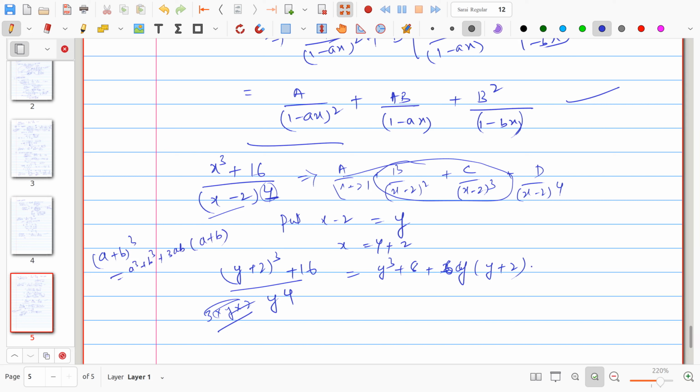Here b cube is 2 cube, which is 8, and 3ab means 3 into y into 2, which is 6y, times (y plus 2). The same thing I am writing here, and the next is plus 16, divided by y raised to 4.